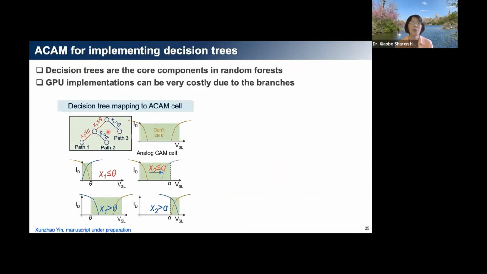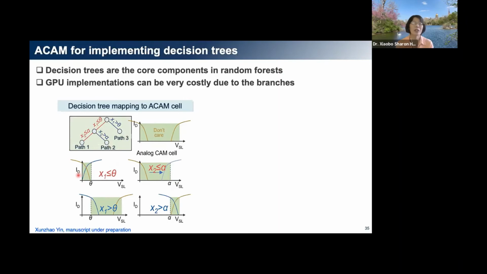So in this example, let's consider one decision tree model here. Let's consider these are ACAM cells. For a branch in the decision tree, let's say x1 less than theta, all we need to do is program our ACAM cell.